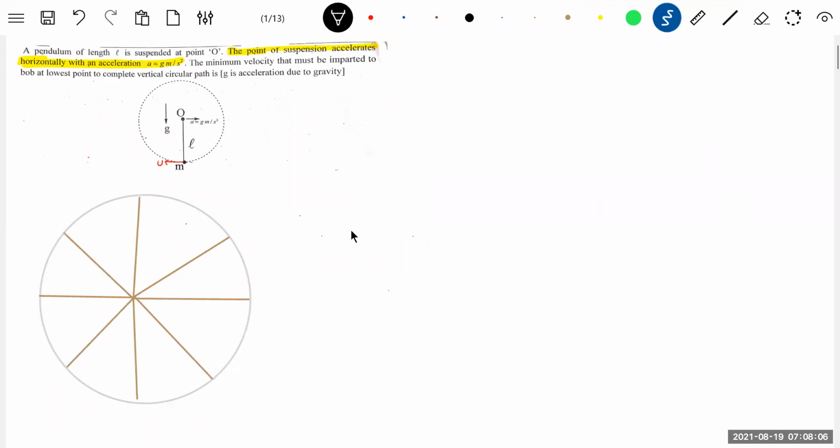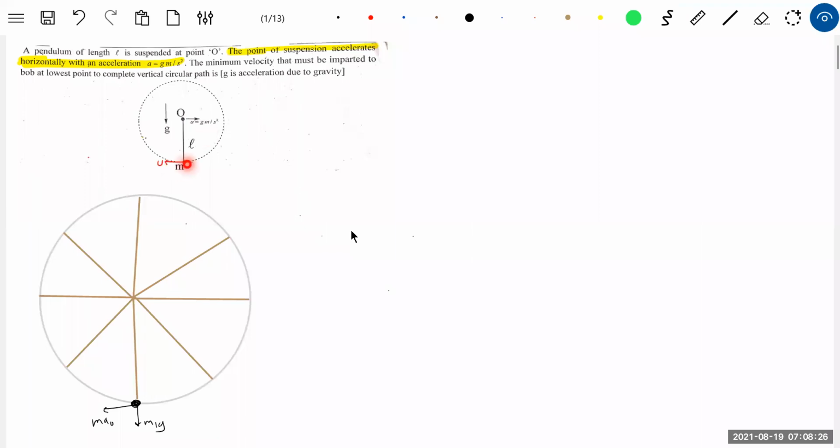Okay, the bob is at various positions. So here first, it is here. What are the forces that are acting? mg, pseudo force. First of all, what minimum velocity should you impart to the bob at the lowest point so that it will complete the vertical circular path?